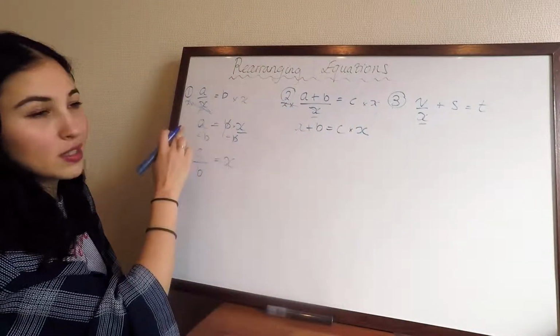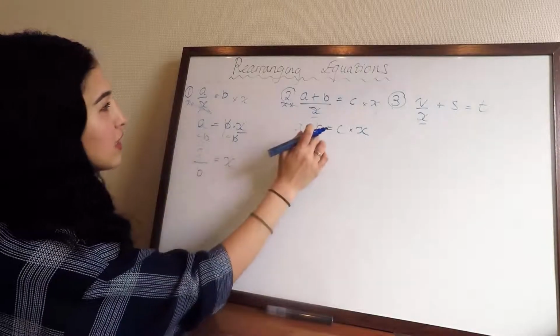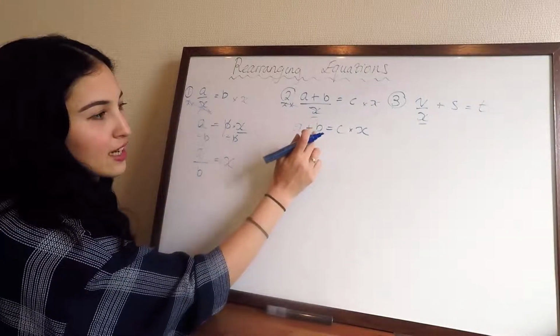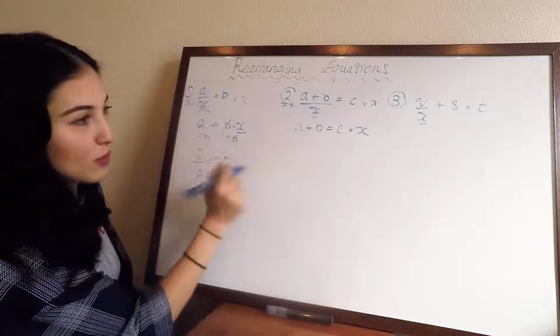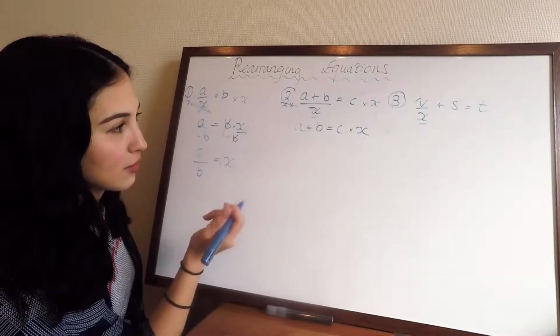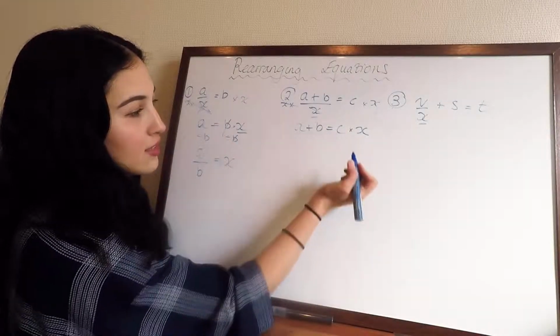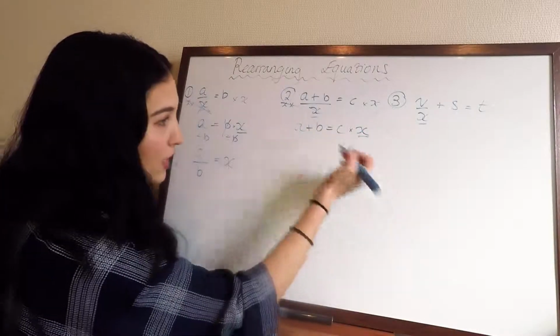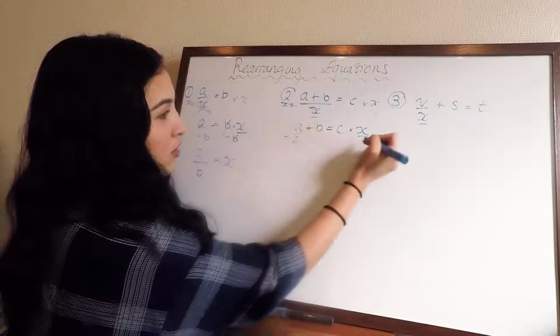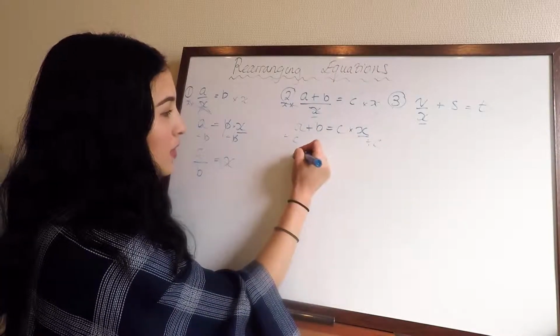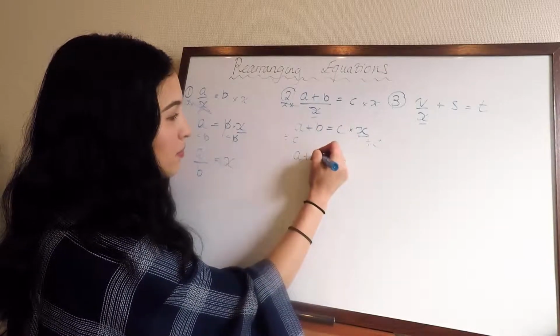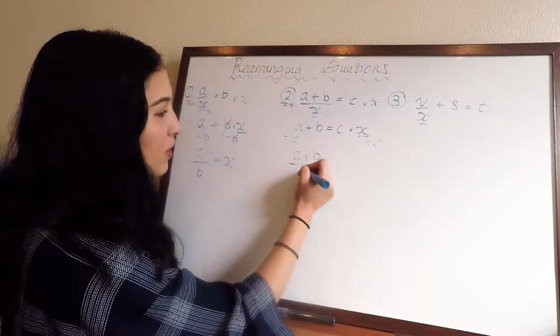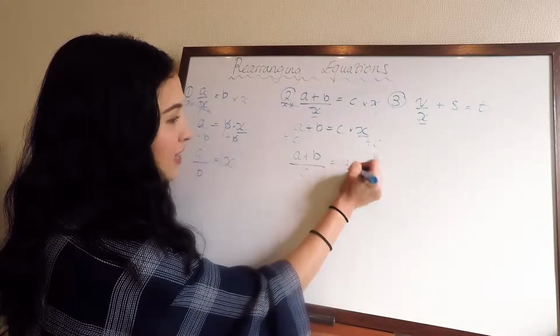It's very similar to the last one, it's just got an extra letter hanging in here. But the way that we're working with it is exactly the same. Right now, this c is in the way. We want this x alone. They're multiplied together, so we're going to divide the c away from both sides. So we end up with a plus b over c is equal to x.